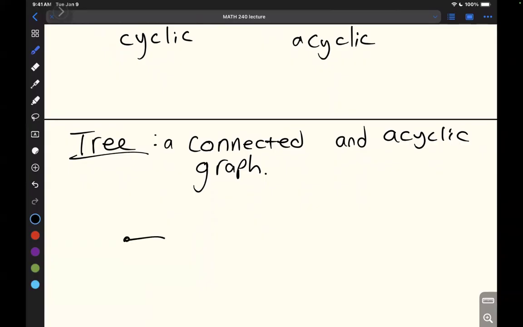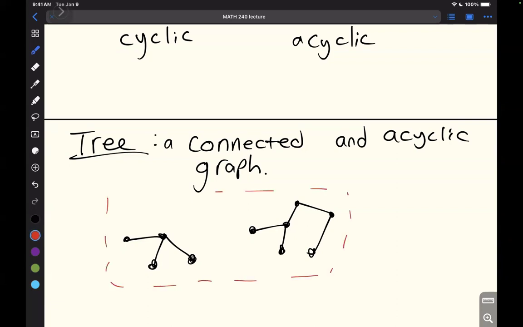What if we had something like this, where this is assumed to be our graph? It's not connected, so it's not a tree by our definition. It is acyclic, but each of those components happen to be trees, right? So that's a tree. That's also a tree.